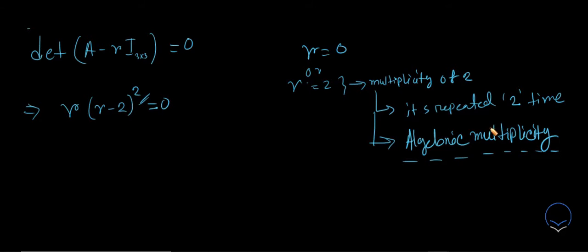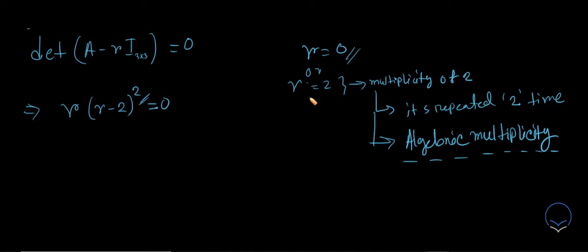That is, if your eigenvalues are distinct, then each eigenvalue has one associated eigenvector. Here you can see that 0 has a multiplicity of 1. That means it's not repeated, so it has an algebraic multiplicity of 1, and associated with 0 will be one eigenvector, so the geometric multiplicity is also 1.